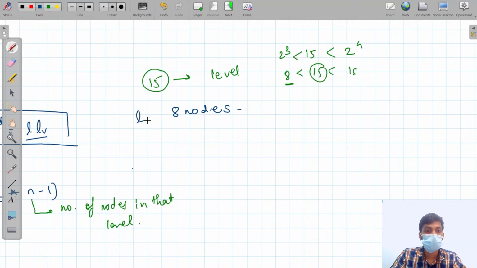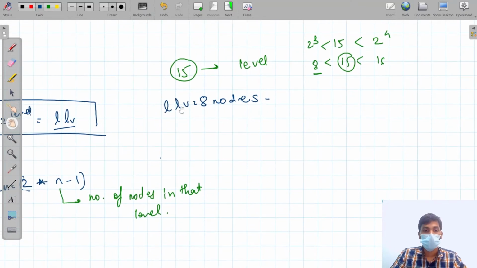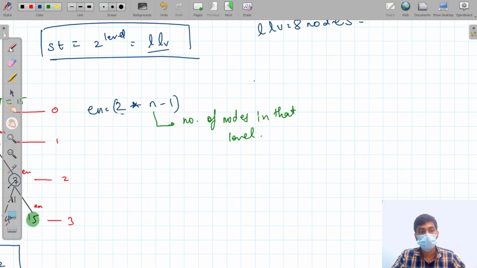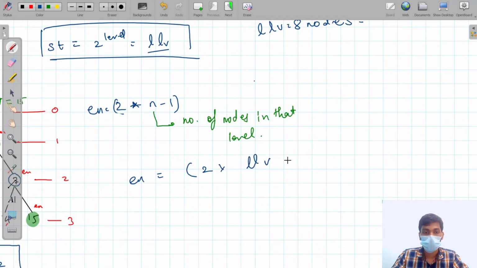With this, I was able to find the last level value, that is nothing but the number of nodes in that level. So if I now put this in the formula, last level minus 1, I am able to get my ending point. This is getting a bit confusing, but if you just go back and watch this again, then you will be able to understand.